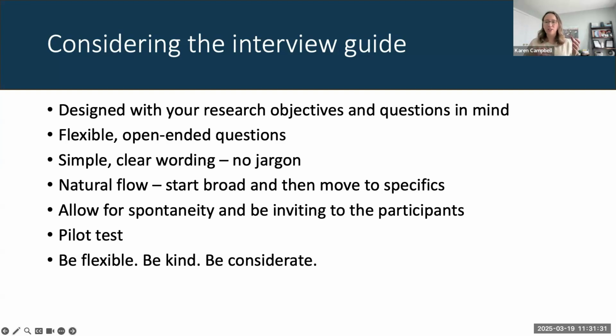Are there particular questions that people really aren't understanding or questions that they love answering? You want to make sure that you are being aware of that and flexible in that space. And be flexible, be kind, be considerate, be aware of cultural humility, all of those types of things that help you just to be a good researcher and perhaps a good human being.